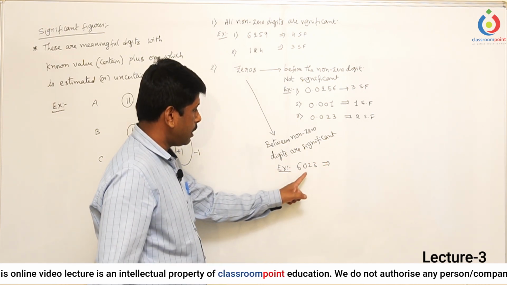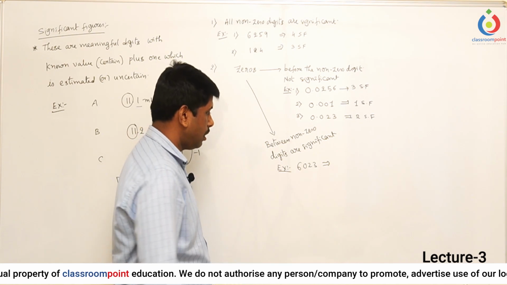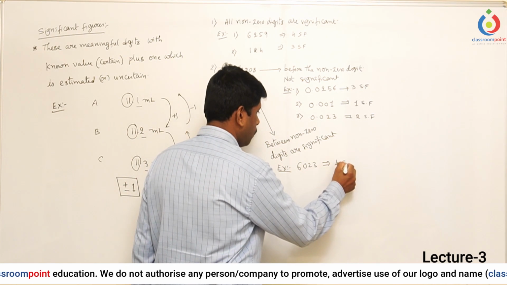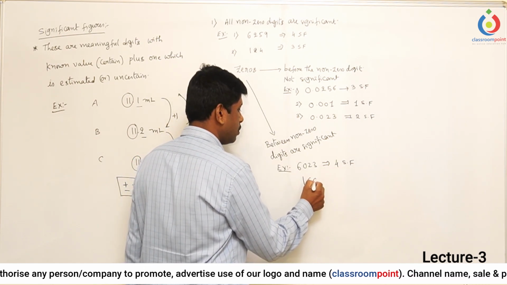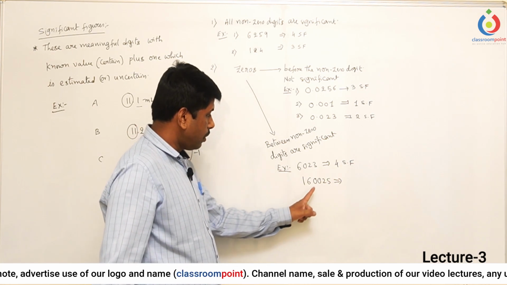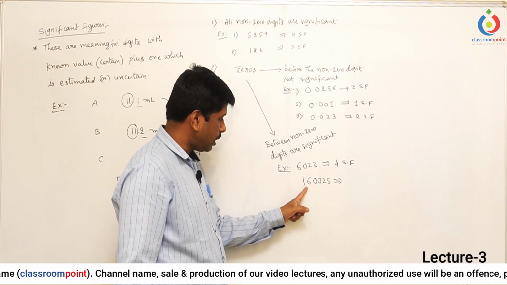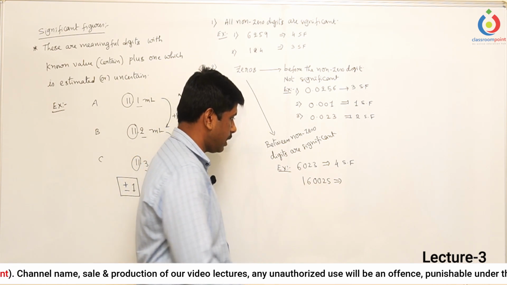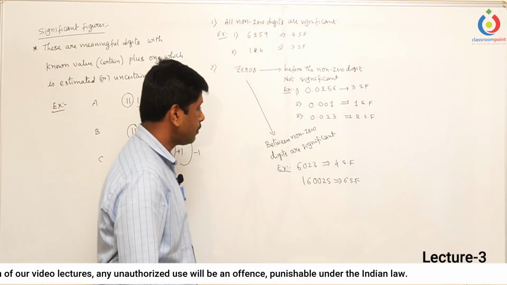Here 0 is present between the two non-zero digits, so this is to be considered. It has importance, so here 4 significant figures are present. Now 160025 is there. Here two zeros are present between the non-zero digits. The total number of significant figures, 1, 2, 3, 4, 5, 6. So here 6 significant figures are present.